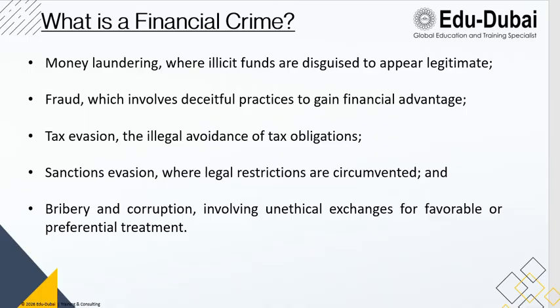First of all, what is a financial crime? As I told earlier, right from the beginning of a customer relation, there is a possibility of financial crime to happen, so that should make us vigilant. That's the first thing. The second thing is fraud.